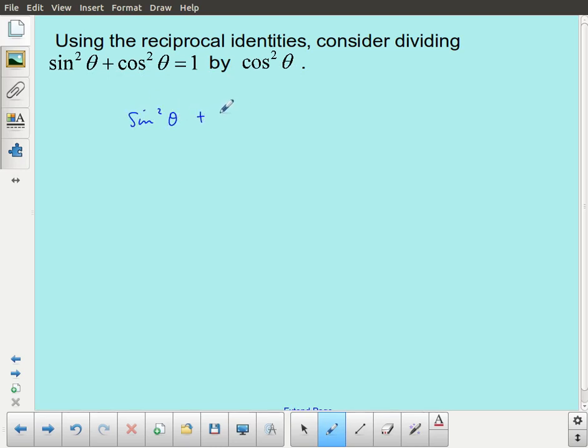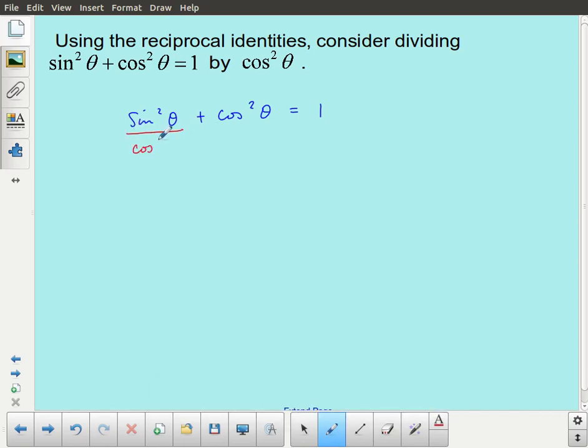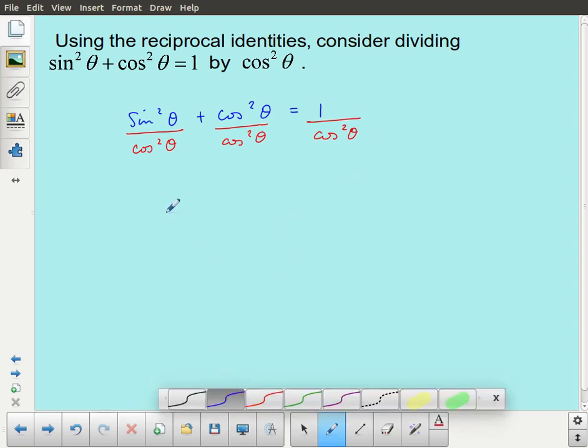Sine squared theta plus cos squared theta equals 1. And as is suggested here, this is an equation, so whatever I do to the left side, I do to the right side. There's nothing wrong with dividing everything by cos squared. But now I end up with some interesting results.